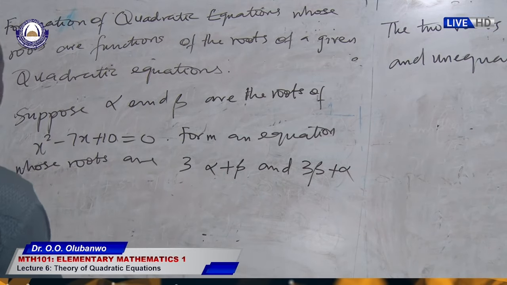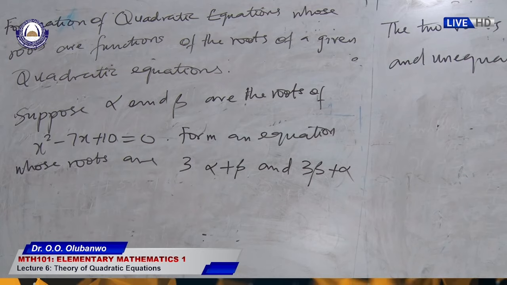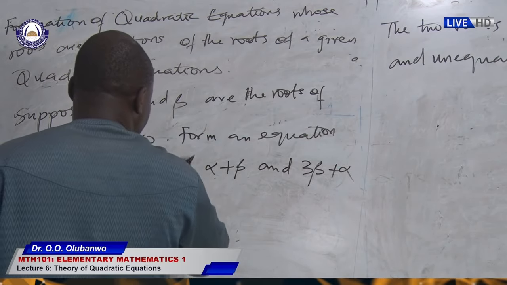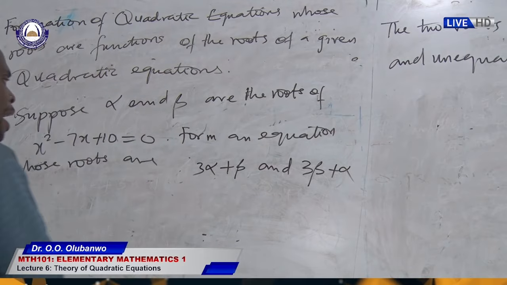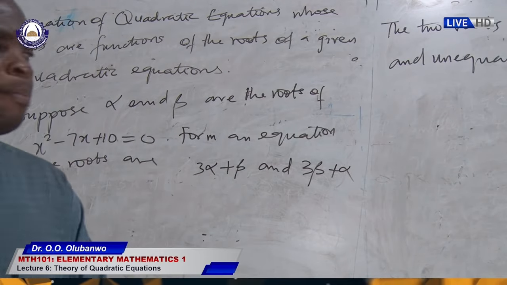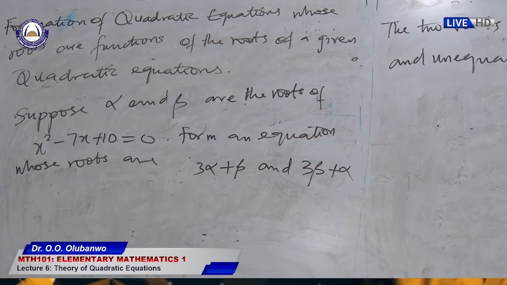The question again: suppose alpha and beta are the roots of x squared minus 7x plus 10 equals 0. Form an equation whose roots are 3 alpha plus beta and 3 beta plus alpha. Solution.